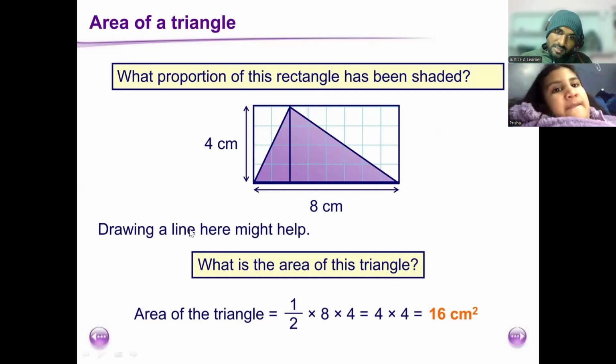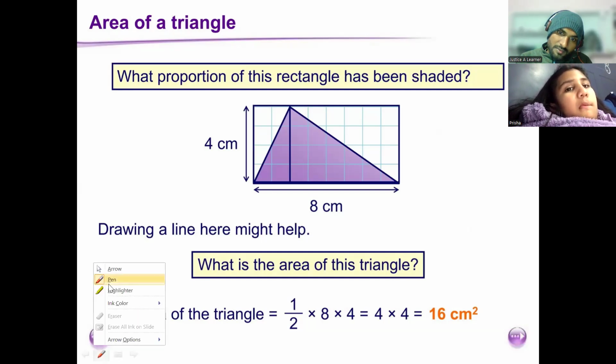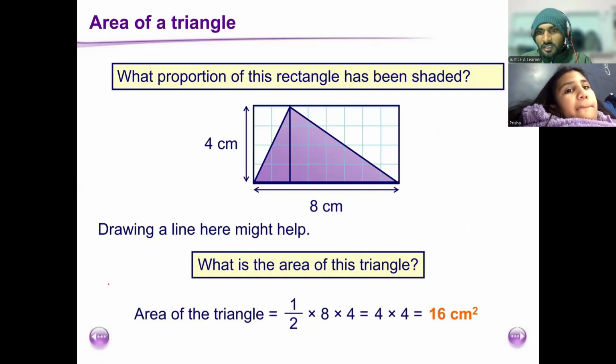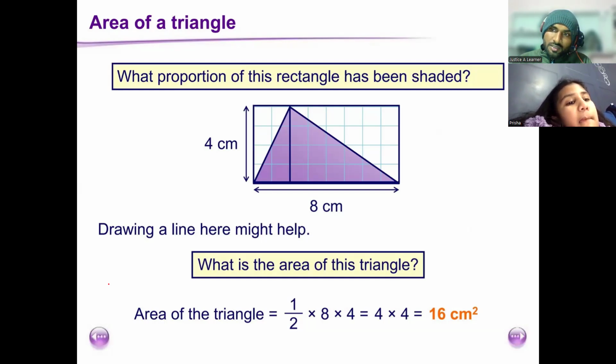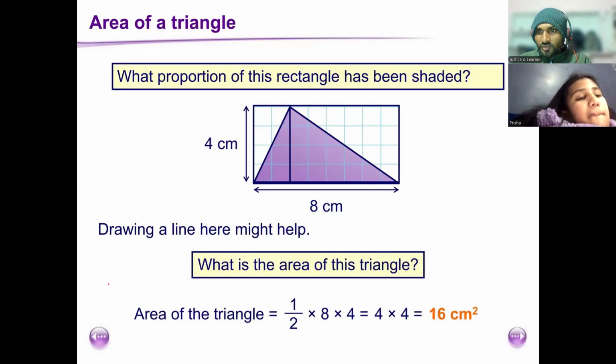So now you already see how we have been calculating it. Like the area of a triangle is equal to 1 upon 2, 8 into 4, that is 16 centimeters squared. You see two triangles, but what I observe here, just try to get it. What do we need to find the area of a triangle? We need base and we need what?